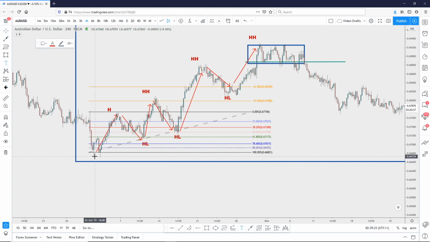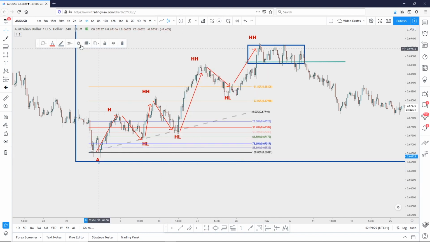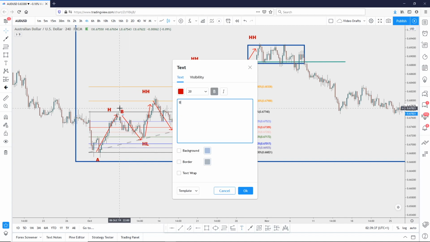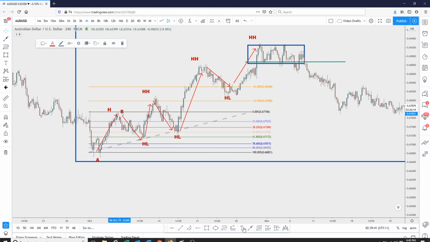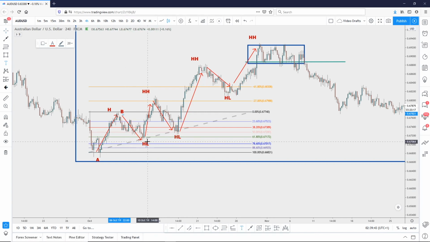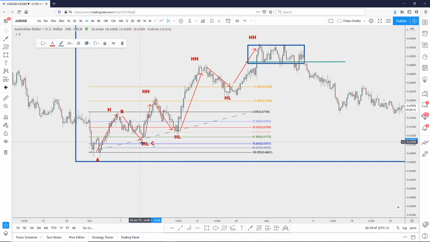I keep talking about A, B, C, D. So I'm just going to label this first A, and I want you to do this too. I want you to get in the habit of doing this. And then I'm just going to put a B here. Here I'm going to put a C. So C is always the retracement.